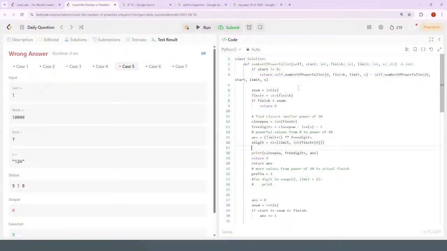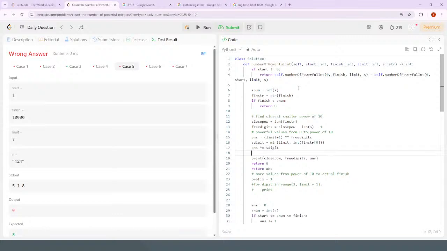Okay, so that should be it. If the limit is 4 and the finish string has starting digit 2, then I'll pick 2 and it'll multiply by 2. So the answer should be times this s digit.